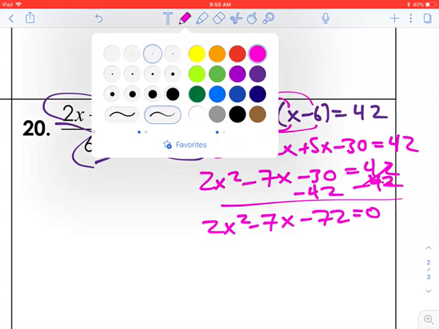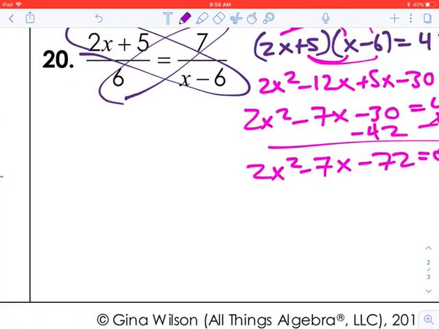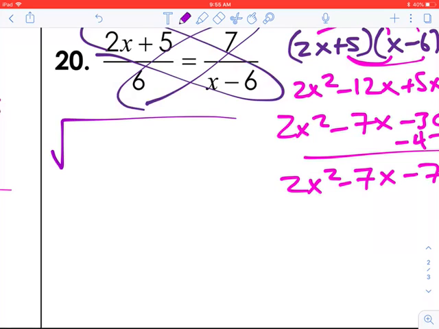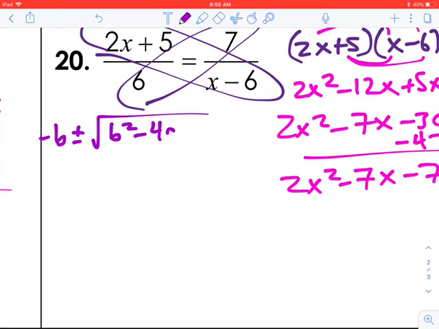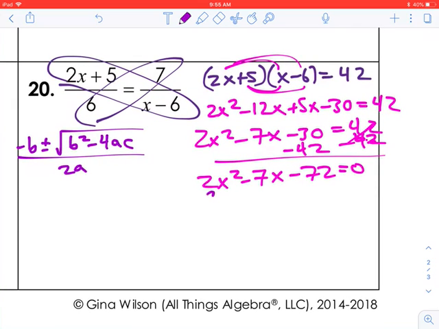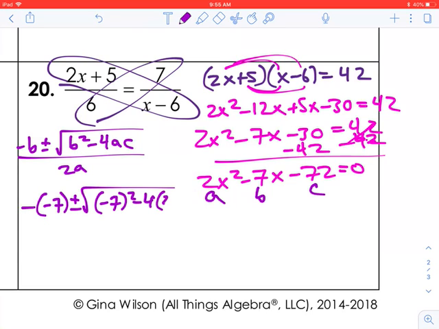For the quadratic formula, the quadratic formula is negative b plus or minus the square root of b squared minus 4ac, all over 2 times a. In this case, a, b, c: I have negative 7, which is negative b, plus or minus the square root of b squared, which is negative 7 squared, minus 4 times a, which is 2, times c, which is negative 72.